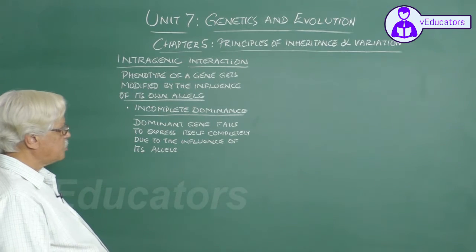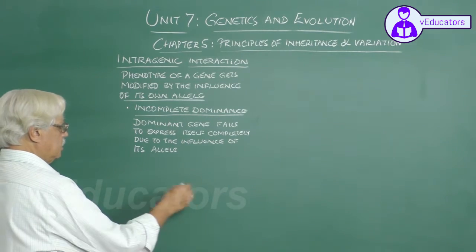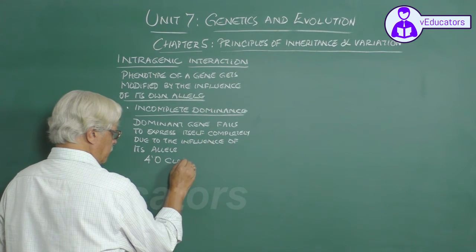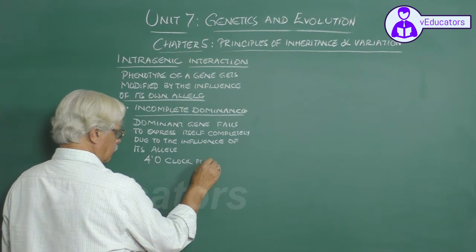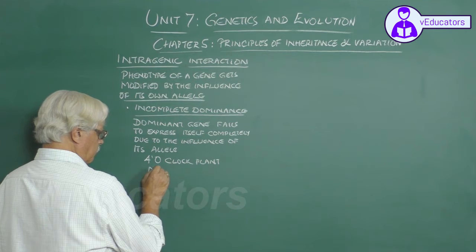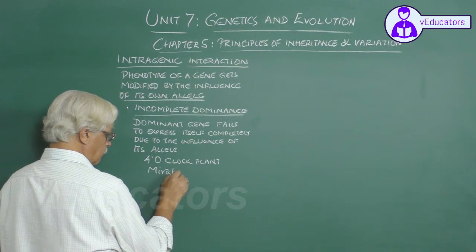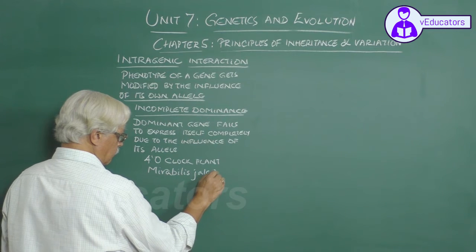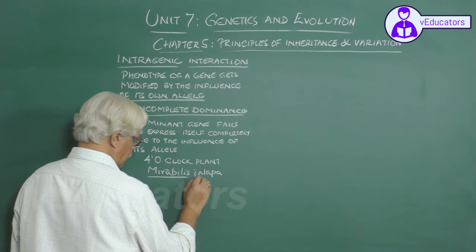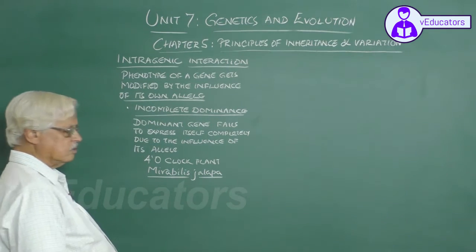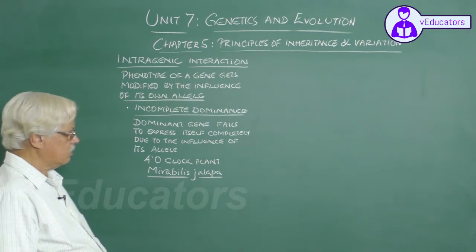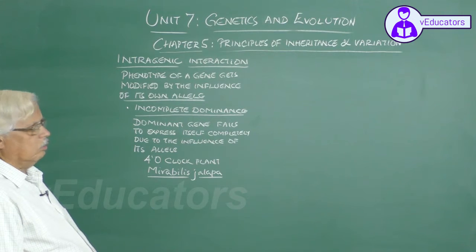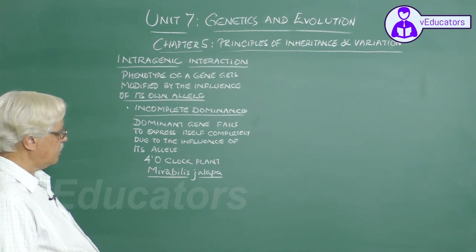This idea was first shown in the plant commonly called 4 o'clock plant, Mirabilis jalapa, commonly called 4 o'clock plant because the flower normally opens at about 4 o'clock in the evening.